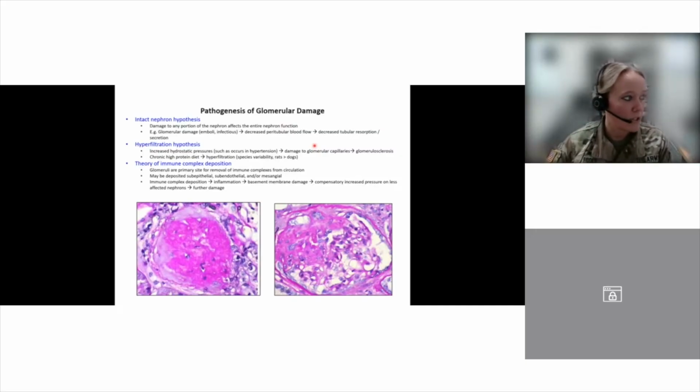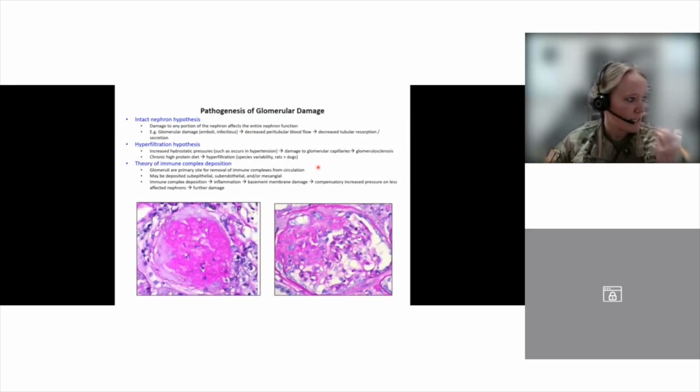In terms of the entire kidney as a whole, the most important thing to keep in mind is the intact nephron hypothesis, which basically just means if you damage any part of the nephron, so any part of the tubule, proximal convoluted tubule, collecting duct, any of the vessels around it, it can damage secondarily the glomerulus. Similarly, if you damage any part of the glomerulus, the capillary tuft, the basement membrane, you're going to get some downstream effects on the tubular blood flow and damage to the tubules as well. So it's all interrelated. If you damage one part, it's probably going to cause damage to the other part.